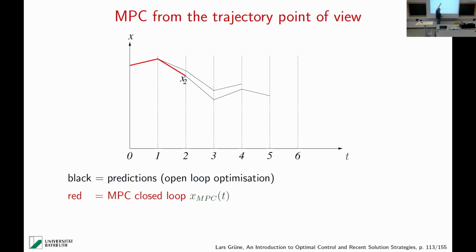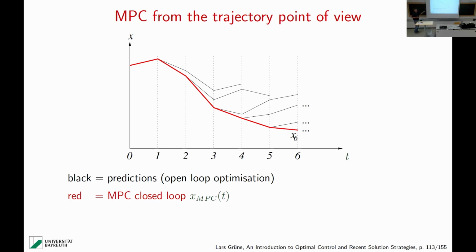We optimize, we get a new one, we measure that, we optimize again, we follow that, we optimize again. And so we get two things through this procedure. One is that we can generate arbitrarily long solutions, so infinite horizon solutions if you like, from finite horizon solutions by always taking the first pieces.